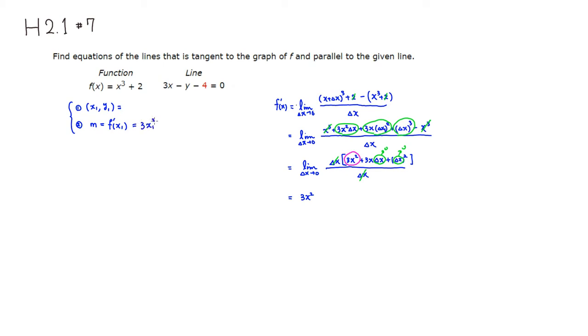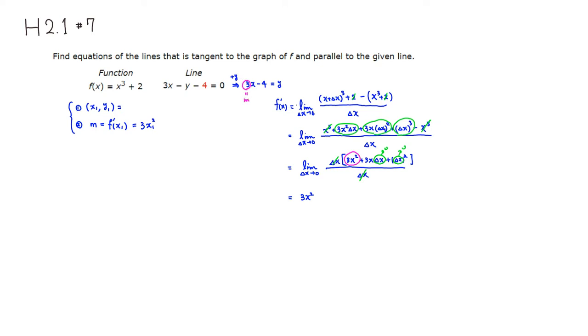So we know that this is going to be 3x1 squared. Also, since we know these tangent lines are parallel to the given line, I'm going to find the slope of the given line. We can simply add y to both sides, and you get 3x minus 4 equals y. So we can see the slope is equal to 3.